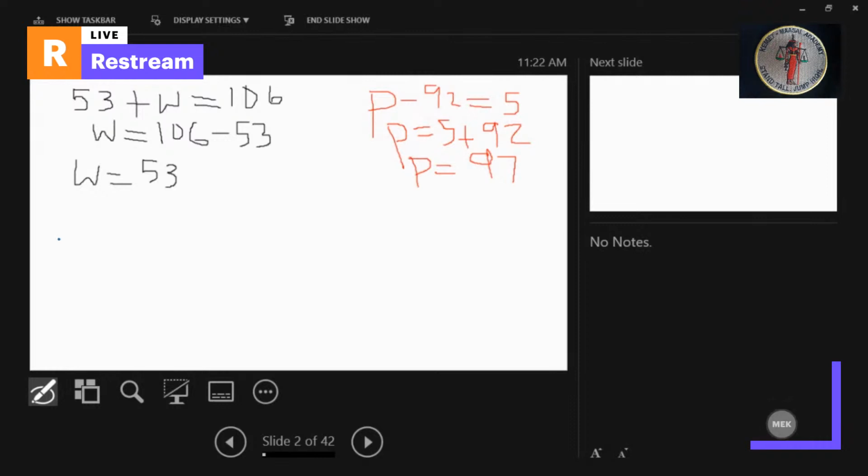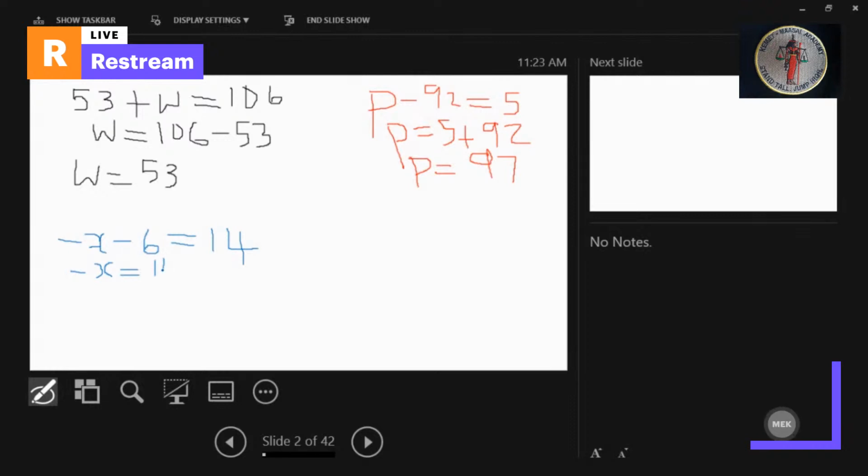How about if we have negative x minus 6 is equal to 14? We have the variable on the left, but it's negative, and we don't want a negative variable. We could leave it and make it stay negative, and then bring across the negative 6 to the right.